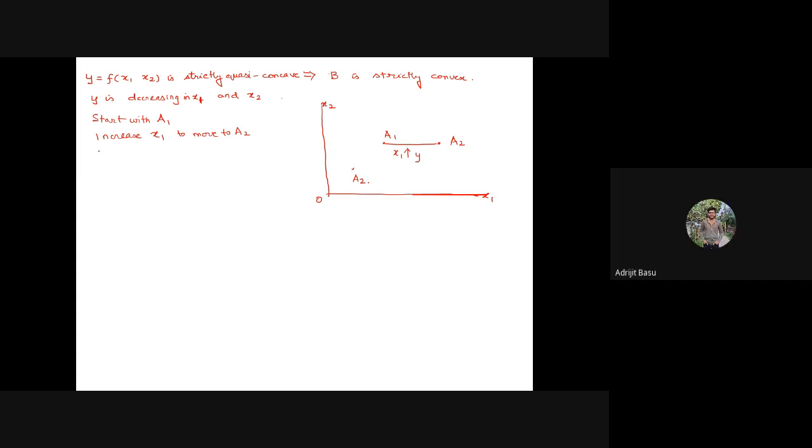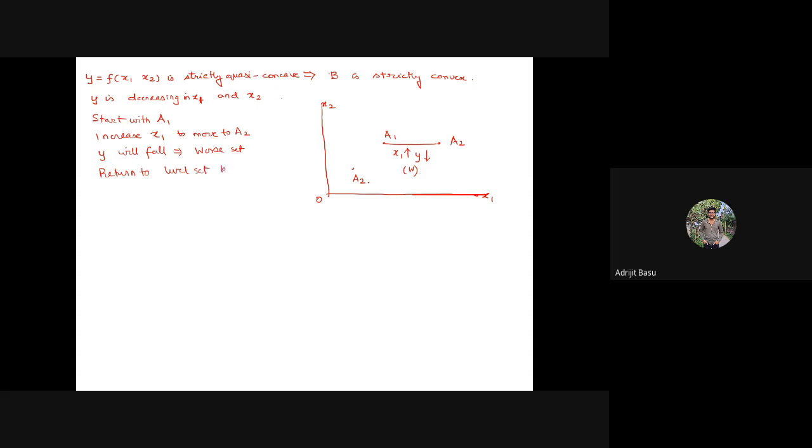Y will decrease. I told the wrong thing last time. Y will fall. So are we at a better set or worse set? Worse set. So how can I come back to the level set? Y has decreased, so we need to increase y.